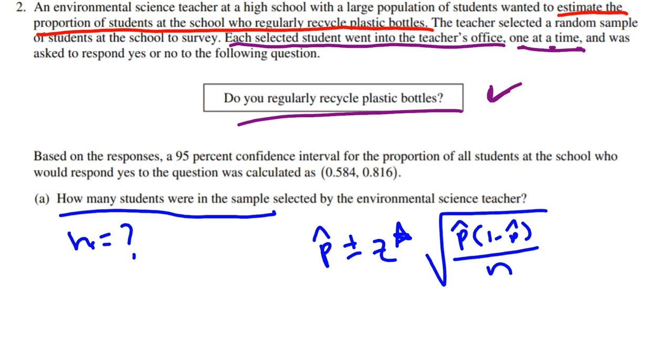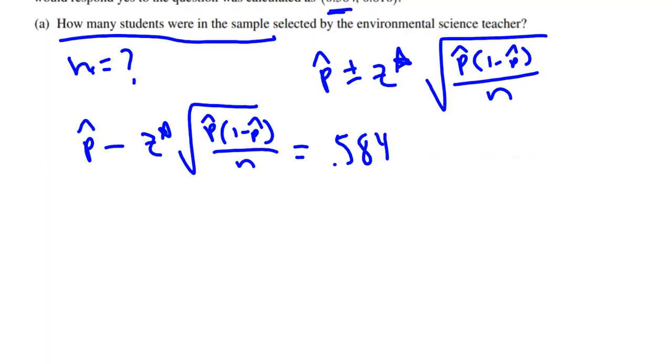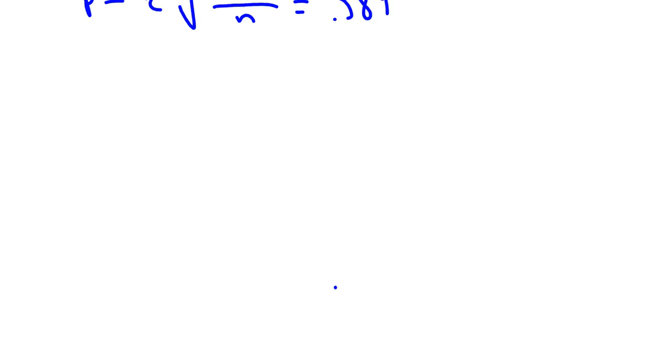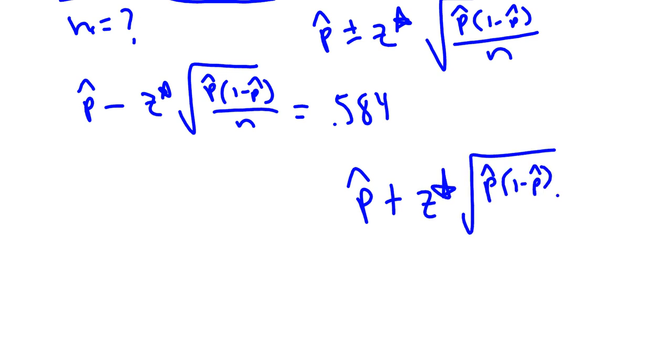So we know, for example, that p hat minus z star times this standard deviation formula we just wrote a moment ago is equal to 0.584. And we change it to plus: p hat plus z star times the square root of p hat times 1 minus p hat over n equals 0.816.